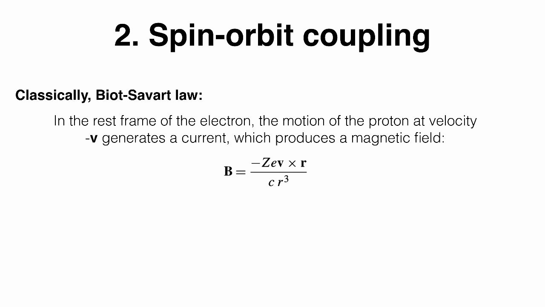Suppose for a second that we are sitting on the electron. As the electron is moving around the proton in a classical way, it's the same as, from the point of view of the electron, seeing the proton moving at the opposite velocity. In other words, the electron sees a charge moving around it.